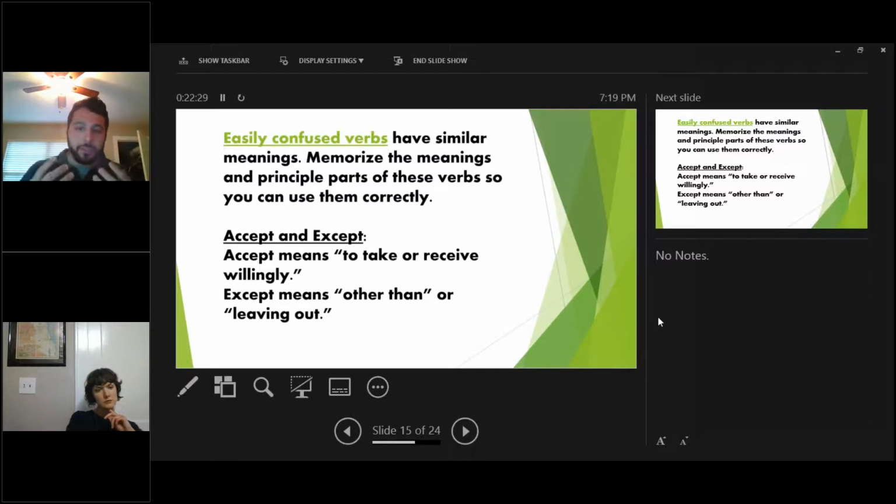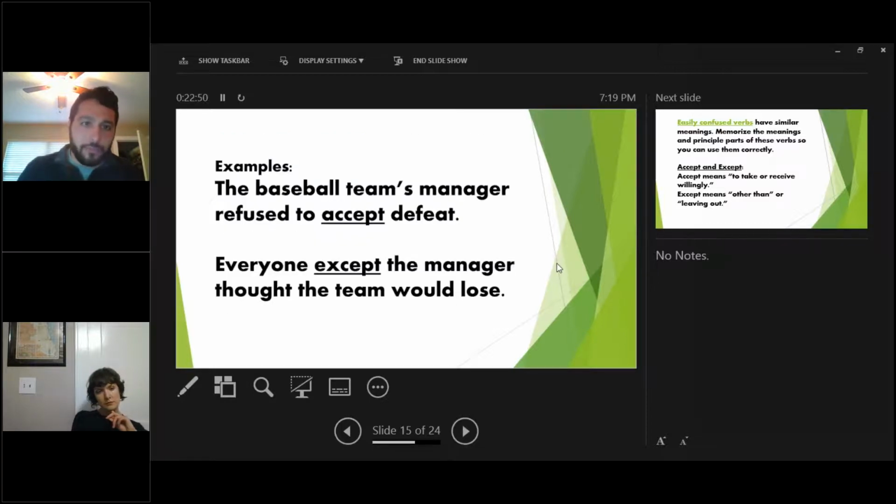To accept something means to take or receive willingly. Except, E-X-C-E-P-T, means other than or leaving out. And they sound the same, so it can be tough, and you really just got to understand their context. If you know what they mean, then you're going to know which one is appropriate in which sentence.